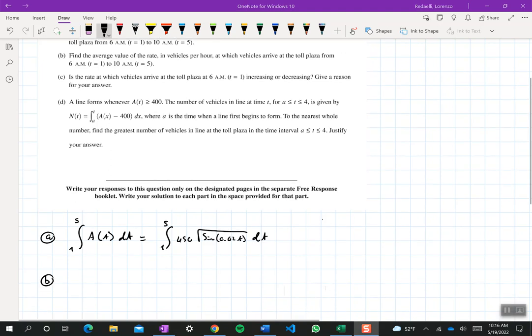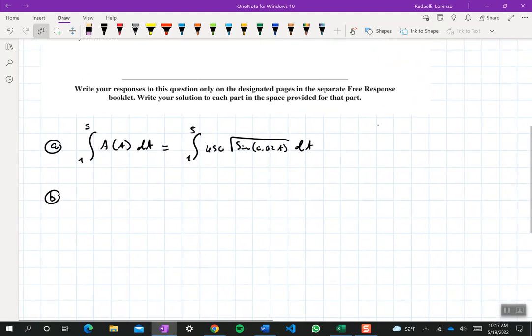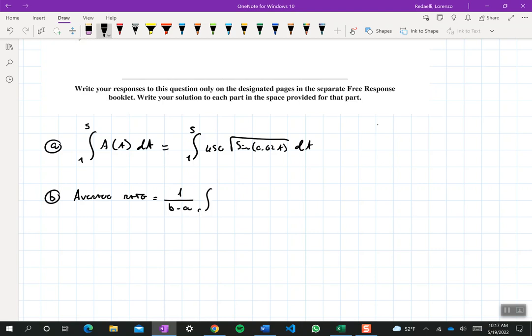dt. So now we can move on to part B, which is asking to find the average value of the rate, in vehicles per hour, at which vehicles arrive at the plaza, still in the interval 1 to 5. We know the general formula is the average rate equals 1 over b minus a times the integral from a to b of f of x dx.